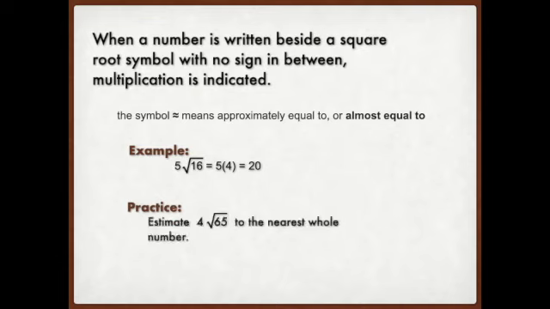Now let's estimate or approximate the square root of 65. Here's the problem: 65 is not a perfect square.